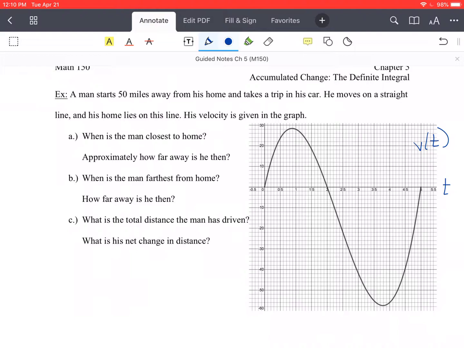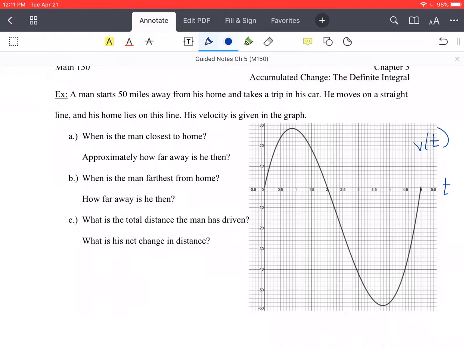So the questions: when is the man closest to home? Approximately how far away is he? When is the man farthest from home, and how far away is he then? And then what is the total distance the man has driven, and what is his net change in distance?